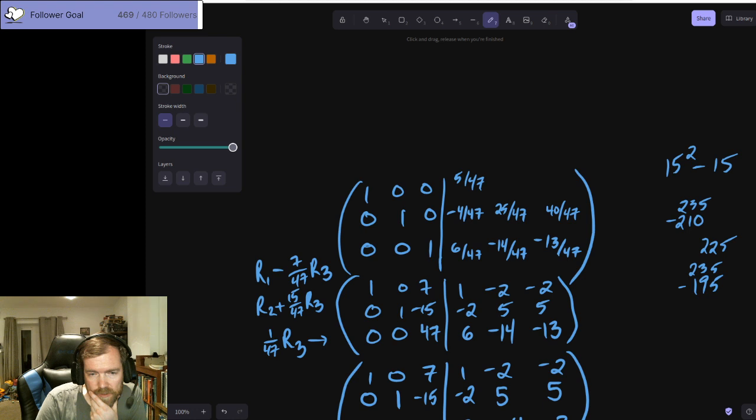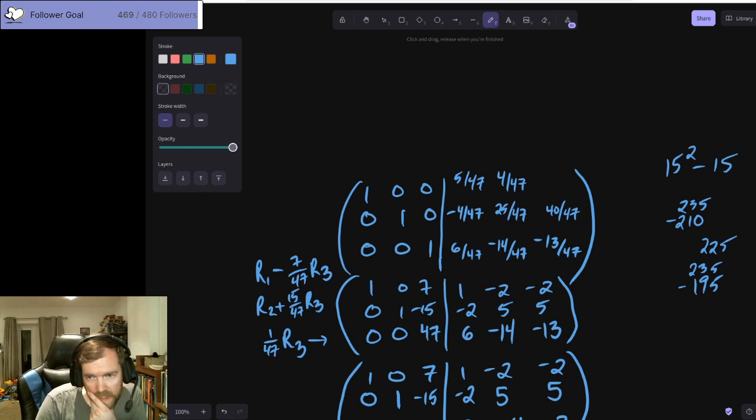Negative 2 plus 7 times 14 is 49 times 2 is 98. So negative 94 plus 98 is going to be a 4 47ths.